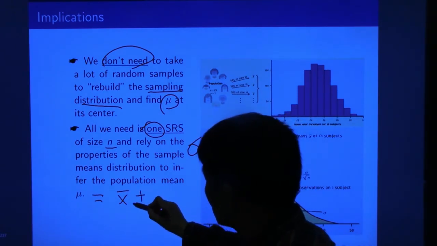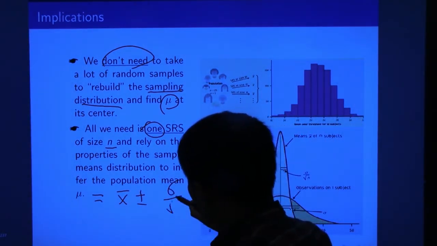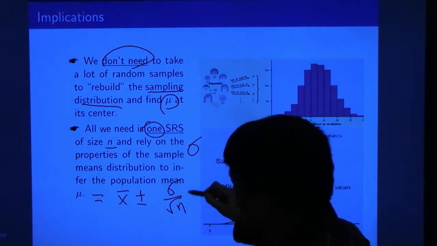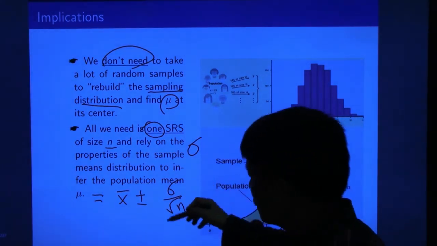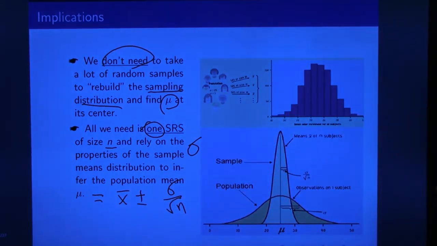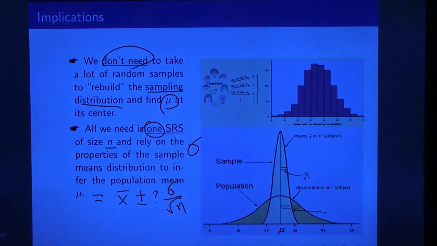Then we can estimate or infer the population mean, which equals the mean of your only sample, then plus minus some standard deviation of the sampling distribution. Although we do not know the sampling distribution, we know the standard deviation of the sampling distribution. Then with some constant here that depends on the confidence level.